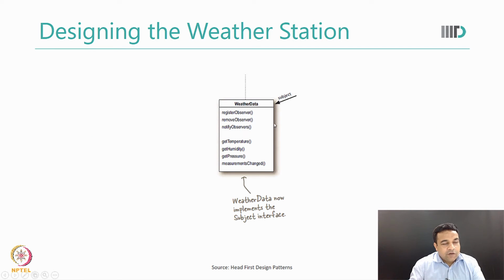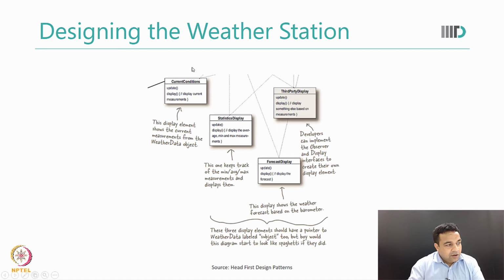Now, for our weather data, we only need the three methods that we defined earlier, and then some methods which take account of the state of the weather, something like get temperature, get humidity, and get pressure. And then measurements changed is called whenever there is a change in any of these variables. Fine.